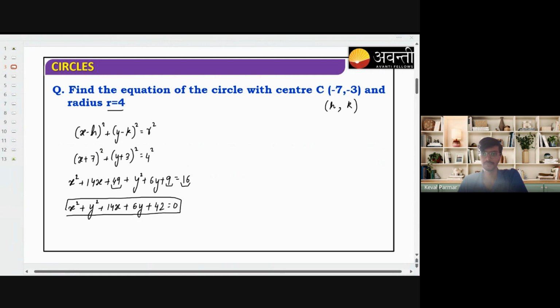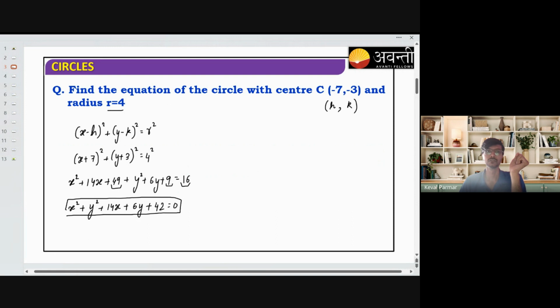Should we wait, or should we continue? They are your classmates, right? They are from your JNV or not? Okay, fine, no issues. Chalo, we'll continue, okay? Not to worry.